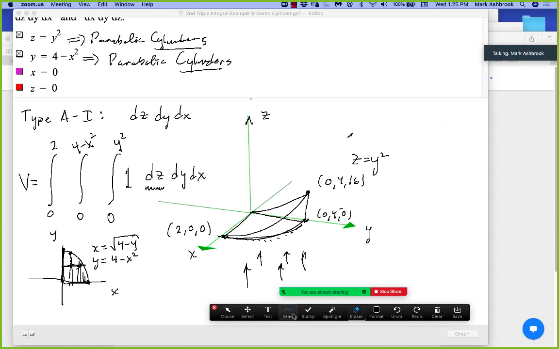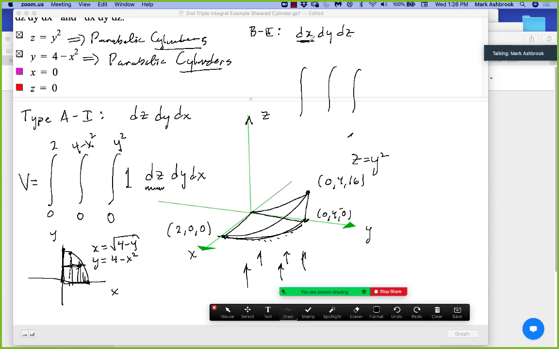So let's do B2. So B2 would be dx and then dy dz. Okay, so dx means what's our surface to surface? Left to right.